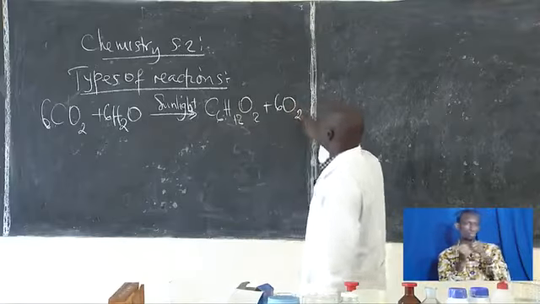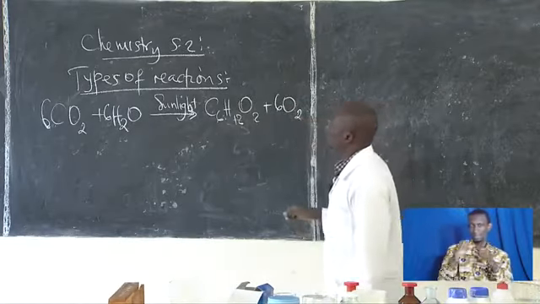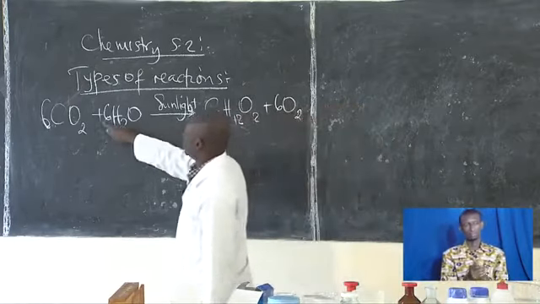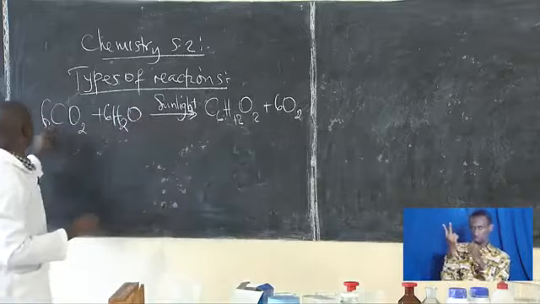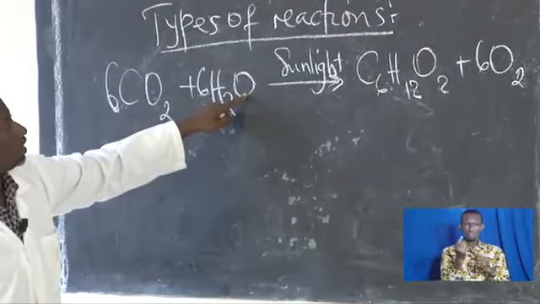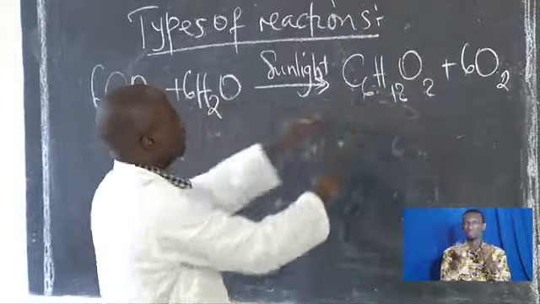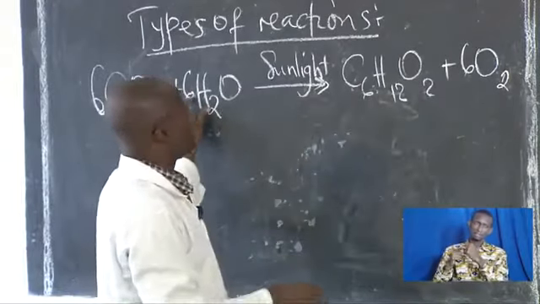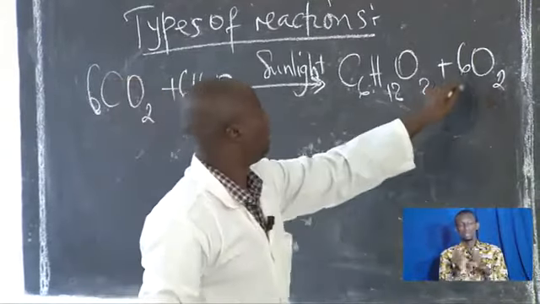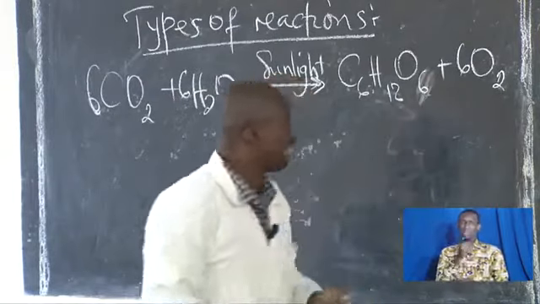So you have 6 carbon atoms, 12 hydrogen atoms, and 12 and 6, that is 18. Sorry, this must be 6.